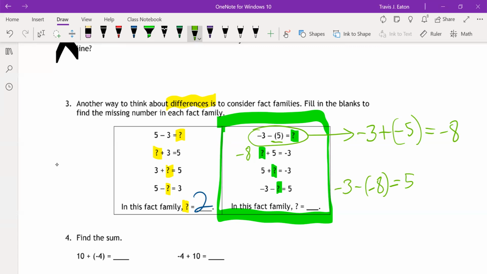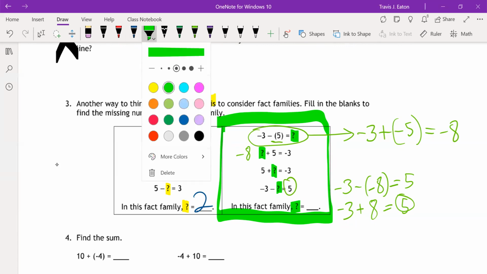Remember, subtracting is adding the opposite. Keep that first number exactly the same. I'm adding the opposite of negative 8, which is 8. And negative 3 plus 8 is 5. So yeah, that's right. Perfect. So in this case, the question mark in the fact family is negative 8.